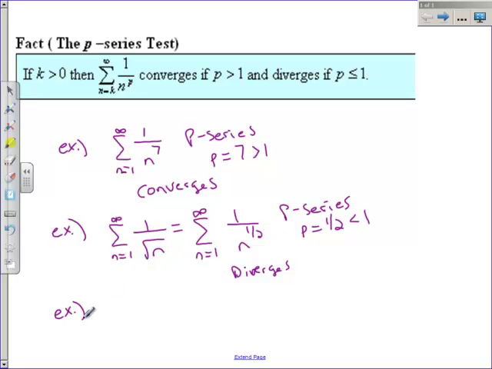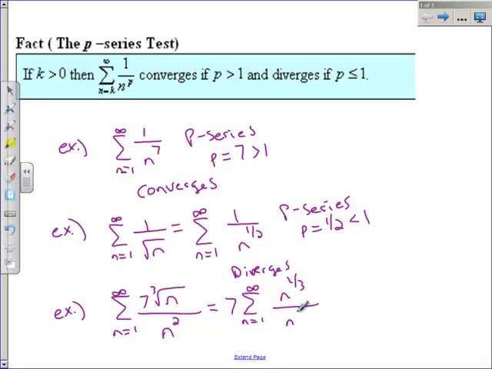Let's see. What about the summation from 1 to infinity of 7 times the cube root of n over n squared? Now here I can take my 7 all the way out in front of the sigma, and then I can write this as n to the 1/3 power over n squared, and then I can apply my rules of exponents.